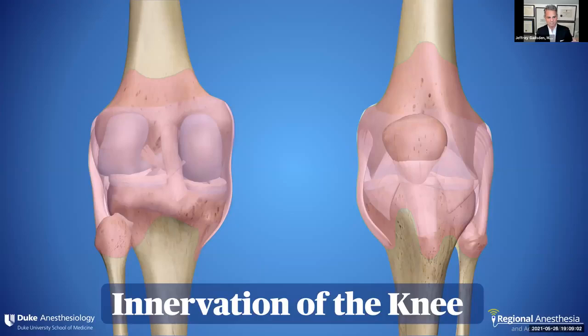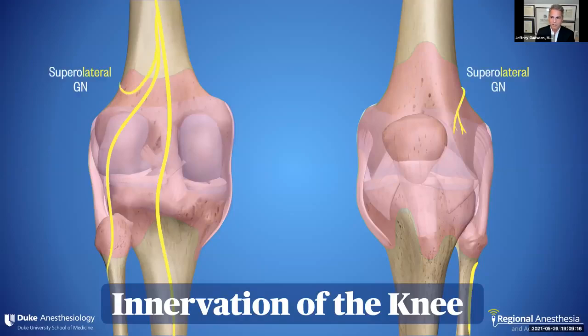So this is a knee, and on the left-hand side, you've got the posterior aspect, right-hand side is the anterior. So we have the sciatic nerve that comes down the back and splits into tibial and peroneal. And from the peroneal, we get the superior lateral genicular nerve, which winds its way around to the anterior side. We also, from the sciatic nerve, the tibial portion in this case, get the superior medial genicular nerve, which also comes around from the back.